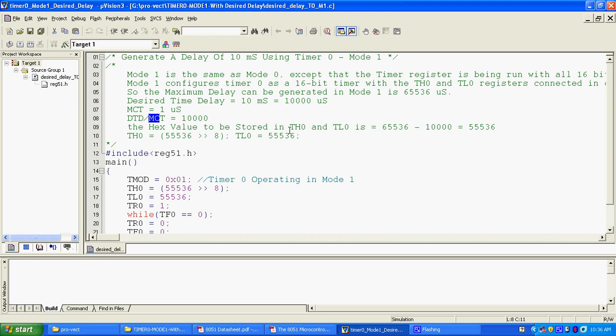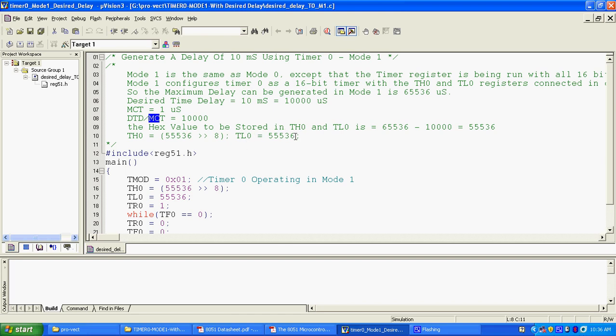55,536 is to be stored in TH0 as well as in TL0. That means the upper 8 bits of 55,536 will be loaded into TH0, and the lower 8 bits will be loaded into TL0.